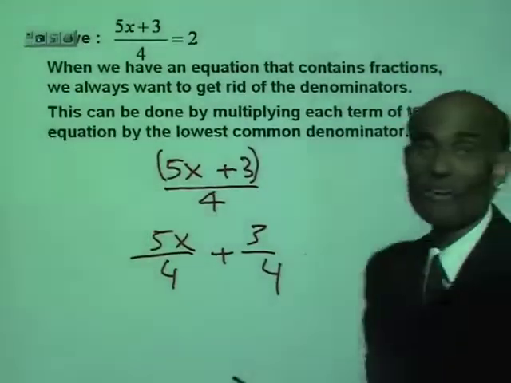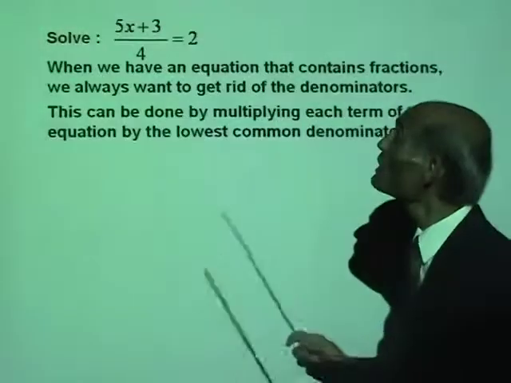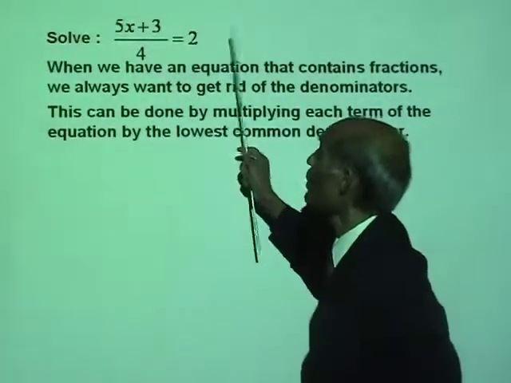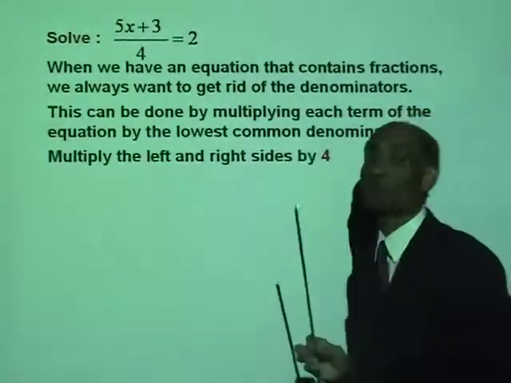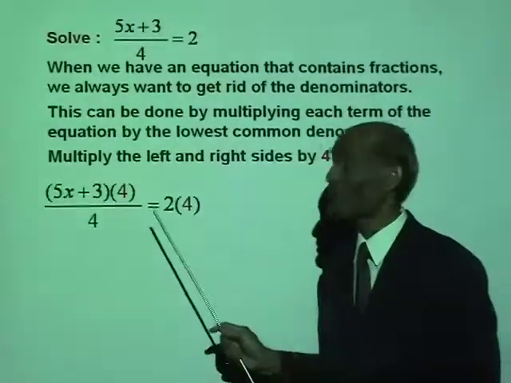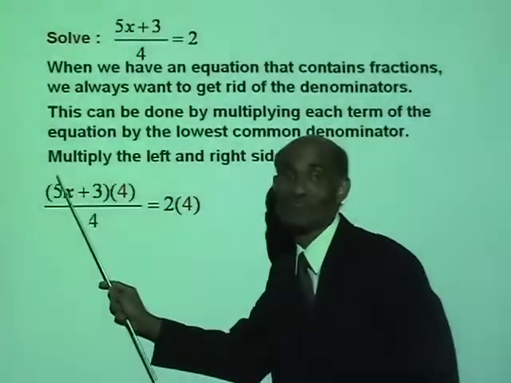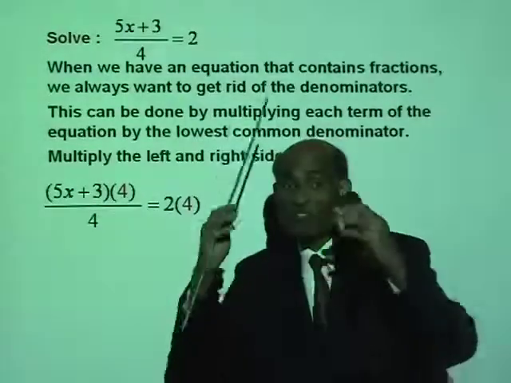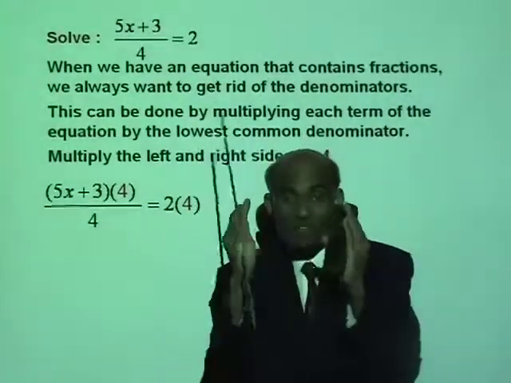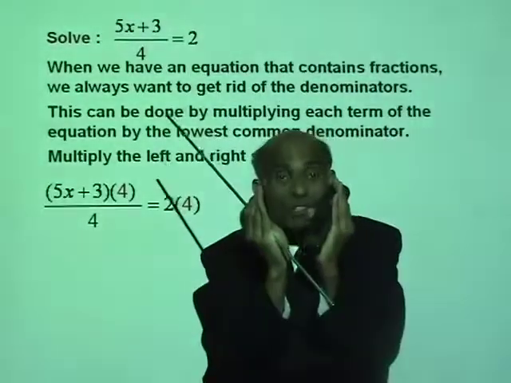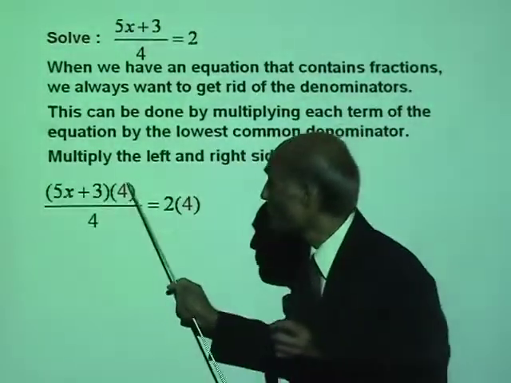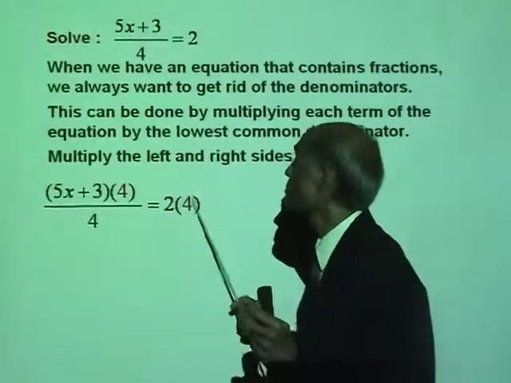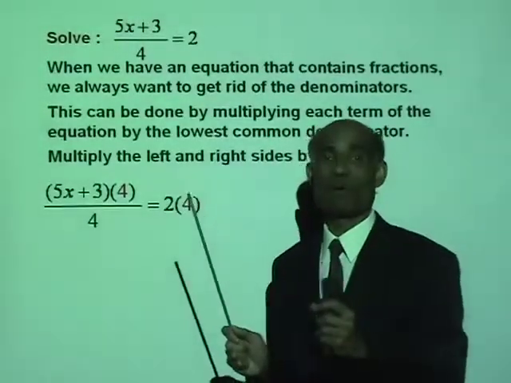This skill is very important. So what do we do? Multiply the left side by 4 and the right side by 4. And look at the way I do this. Before I multiply, I enclose the quantity 5x plus 3 in a parenthesis because they belong together. Divided by 4, multiply that by 4, equal to 2 multiplied by 4.